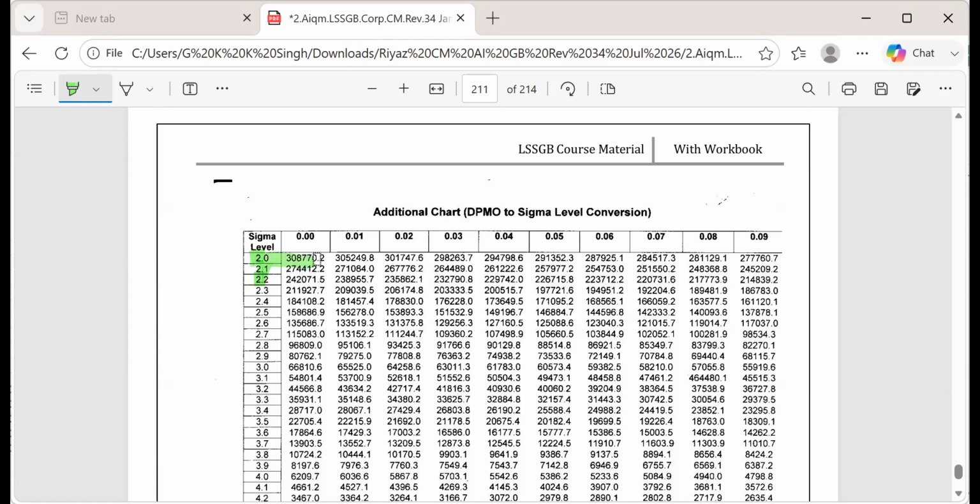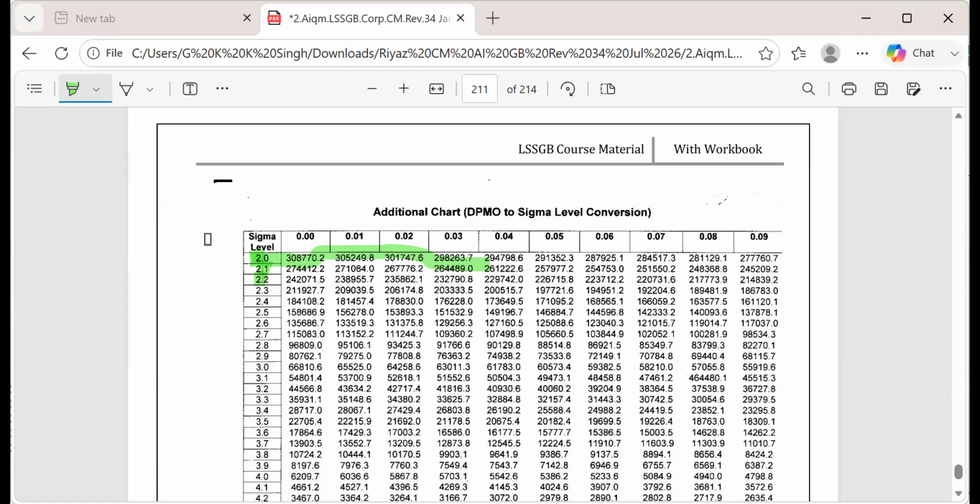Here on top I will see the second digit: 2.00, 2.01, 2.02, 2.03. So what is our DPMO for sigma level 2.03? 2,98,263. Have you understood how I have taken this figure? First digit is in the first column after decimal. Second digit is in the remaining columns.